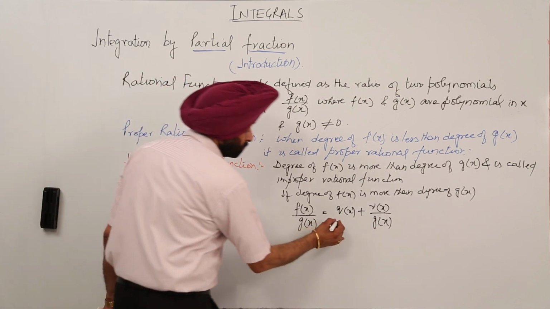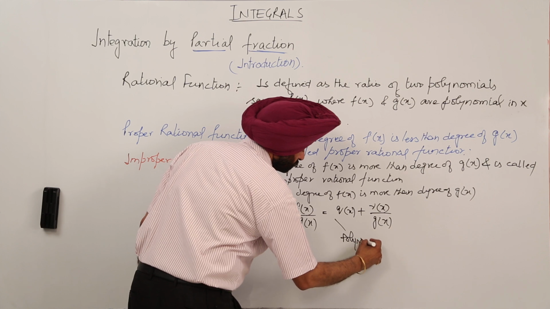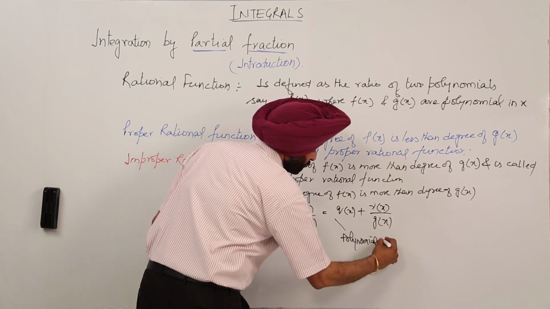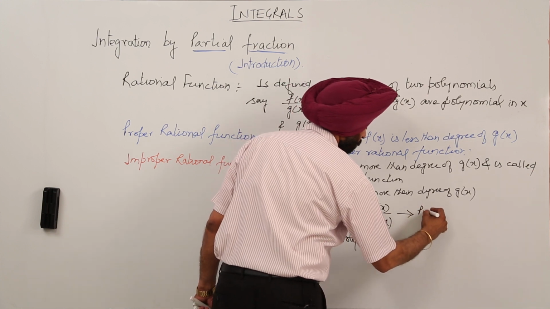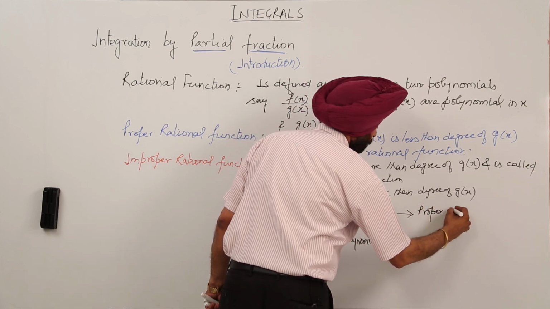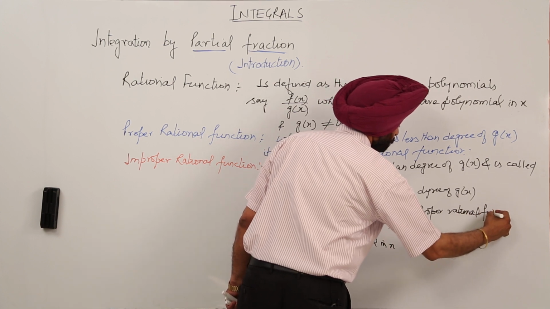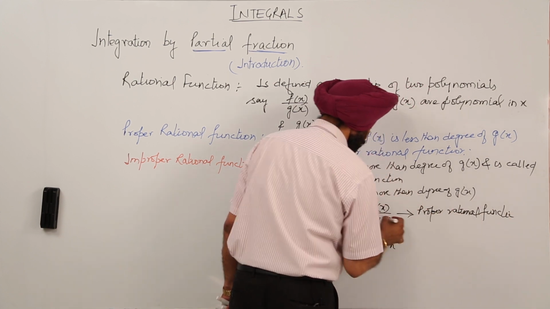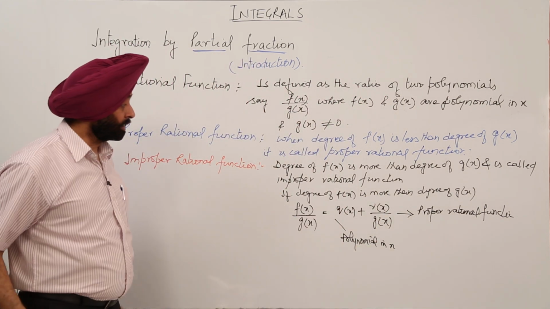Now what is this? This is a polynomial in x, and what is this? This is a proper rational function. This part. Then we can go for the integration.